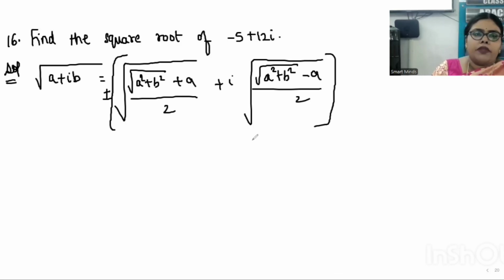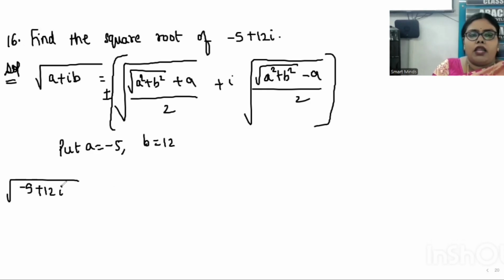This is the formula. Now we put a equal to minus 5, b equal to 12 to get the square root of minus 5 plus 12i.